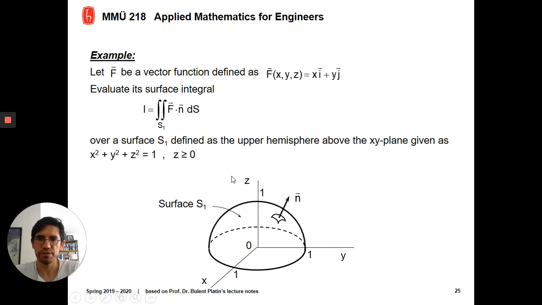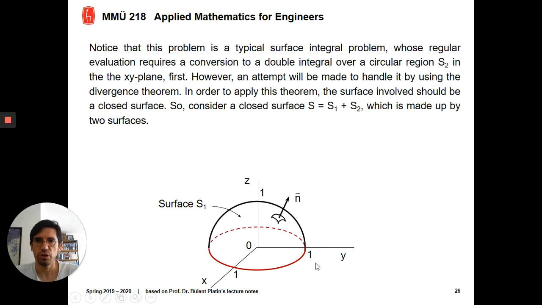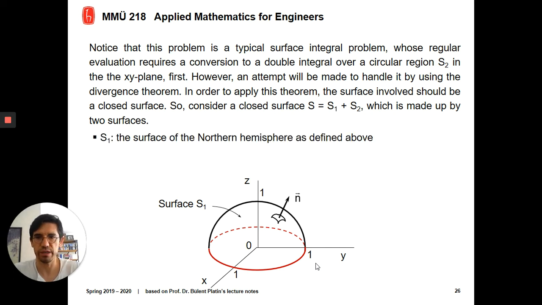The surface is a hemisphere, and I have a surface normal, but this geometry is not a closed geometry. Notice that I have a hole at the bottom of it. So how do I do that? I'm going to put another surface at the bottom of it, and do two integrations over both surfaces, S1 and S2.